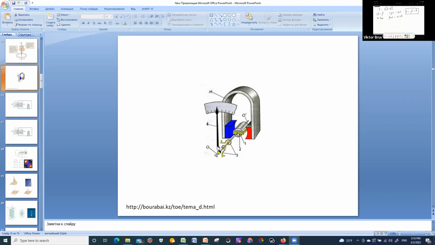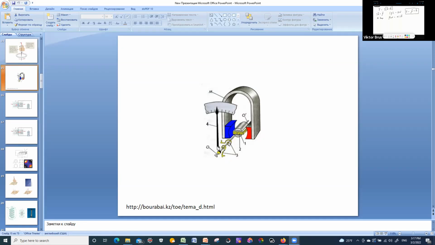obviously, if we have a current loop in an external magnetic field, there will be some torque exerted on this current loop. So this torque, via this shaft, this axis, will be transferred and applied to the arrow.